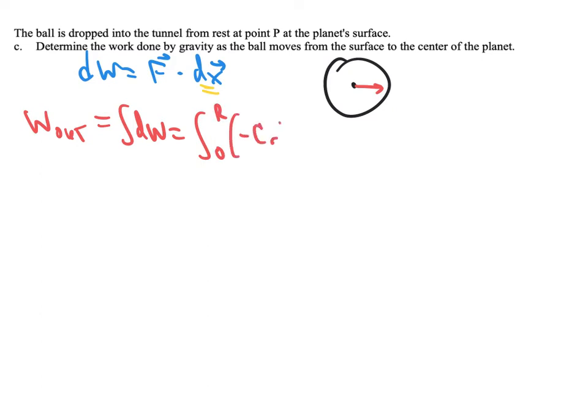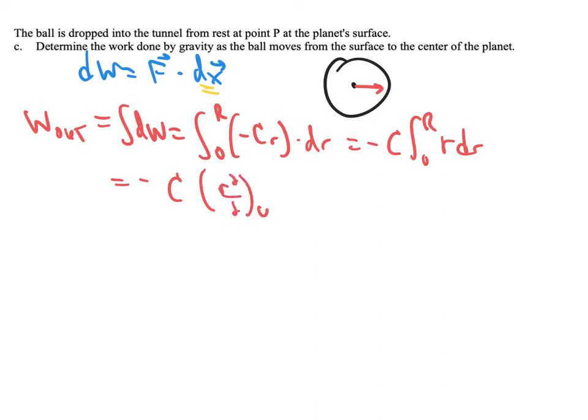It was minus CR dotted into dx, which is just dr. So we get minus C times the integral from 0 to big R of r dr, which is r squared over 2 from 0 to R. So we get minus 1/2 C R squared minus 1/2 C 0 squared, or minus 1/2 C R squared.